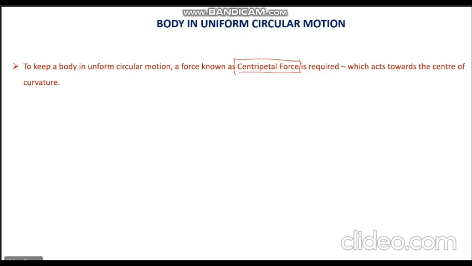If there is nothing acting as a centripetal force, the body cannot be in a circular motion. Now, to which side does the centripetal force apply? The centripetal force applies towards the center of the circle, the center of the turn that the object is taking. It is acting towards the center of that particular circular path which the body is trying to take.